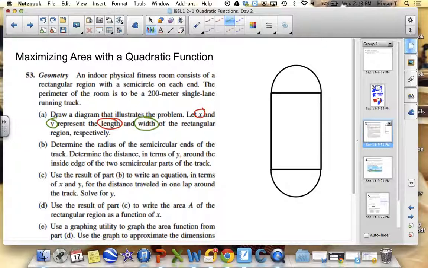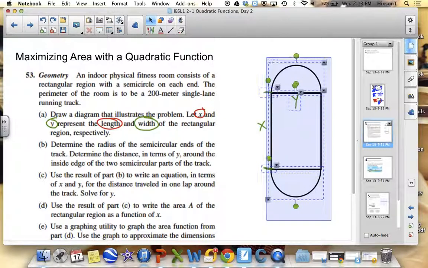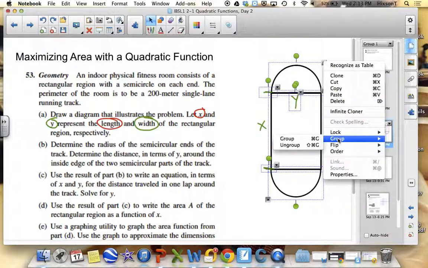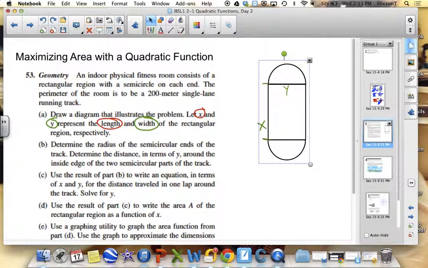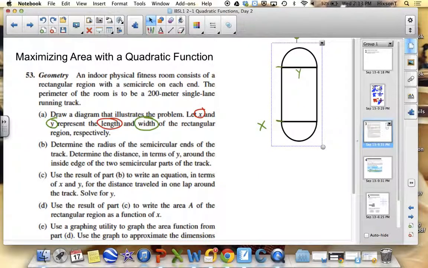So y is going to be that. X is going to be this length from there to there on the rectangle. So, we have our diagram and it's labeled. Any questions so far?